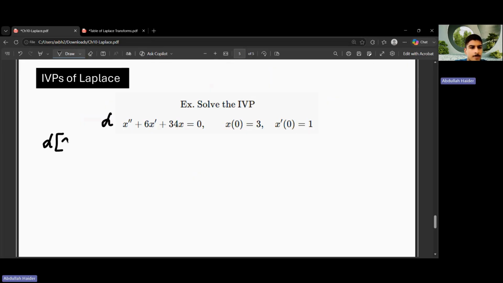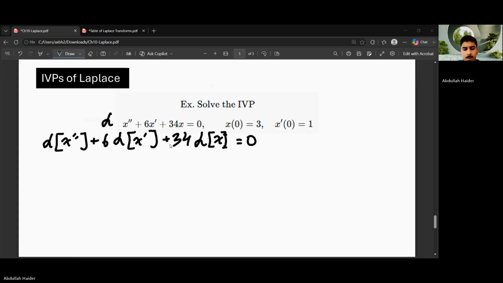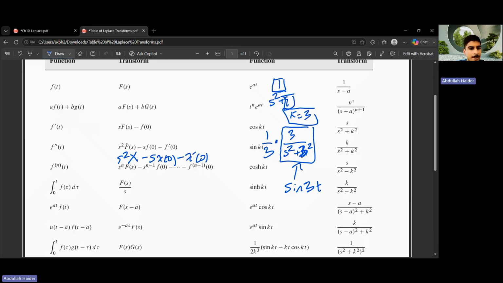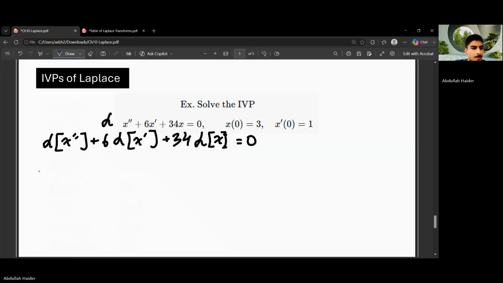Laplace of x double prime plus 6 Laplace of x prime plus 34 Laplace of x is equal to 0. Laplace of 0 is 0. And this will be based on this table of Laplace transform.